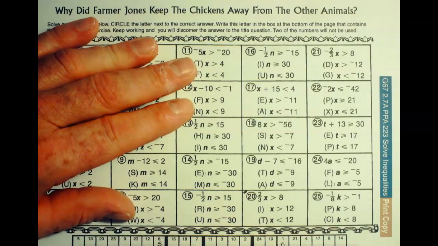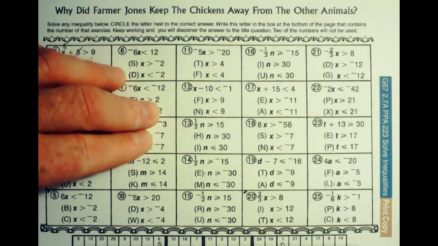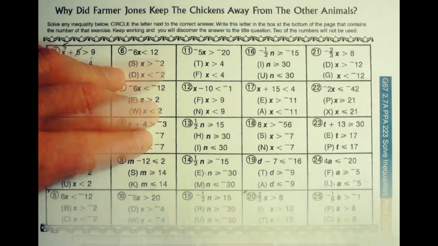You know what? There's not a 16 on there. I don't see a 16, so we must be able to skip that one. Either that, or I've missed it. One way or the other, we're just going to skip it for now. If we find it later, that'll be no problem.